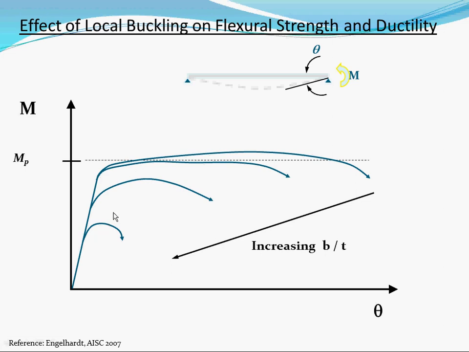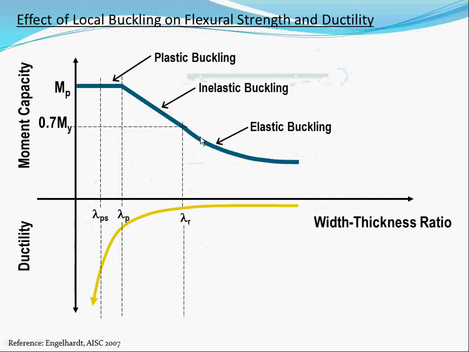In this one showing it, you're only getting half the capacity. So with B over T, you're trying to get what people call a compact section. For compact, the smaller the number, the better. So that's the importance of B over T on flexure and ductility, on local buckling.